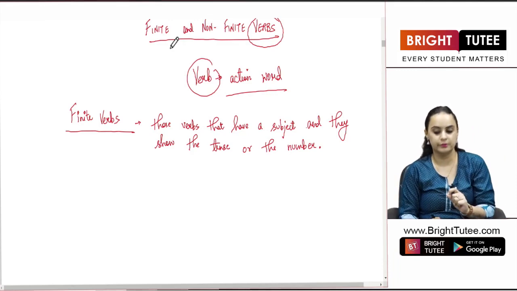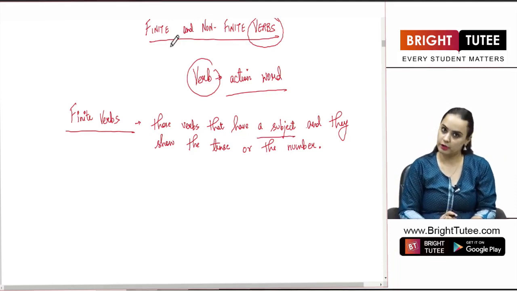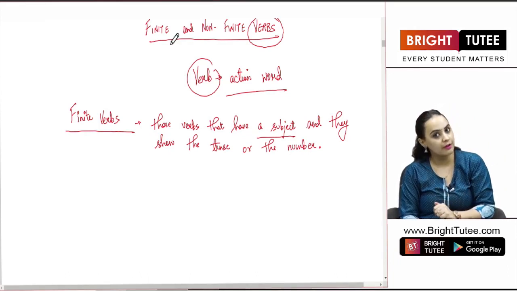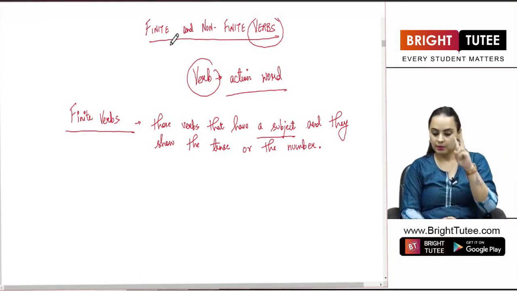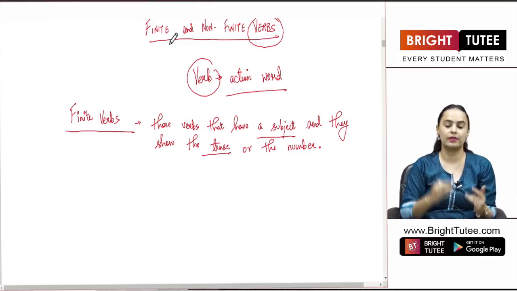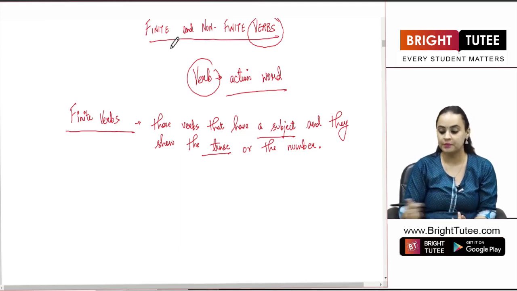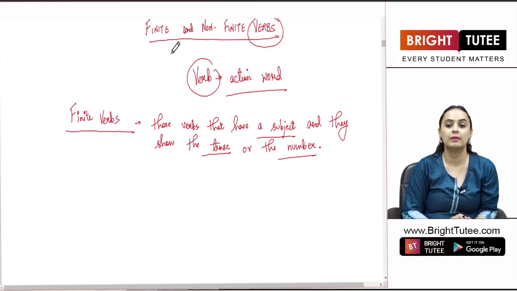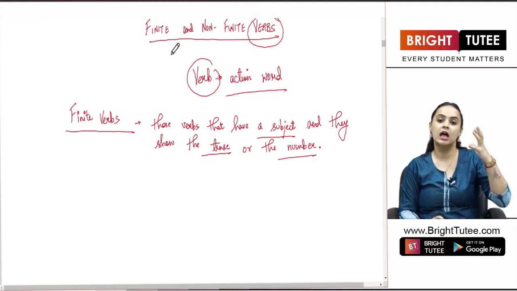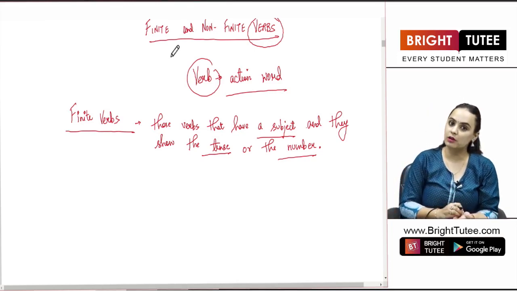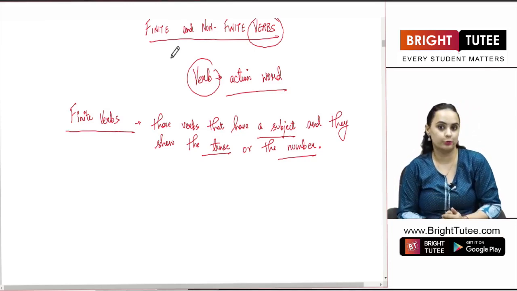So those verbs that have a subject, we know which subject that verb is referring to. A. It shows us the tense of that sentence, whether the sentence is spoken in the present, past or the future. And C. It also gives us the information about the number. Number means whether the subject that it is talking about is singular or plural.